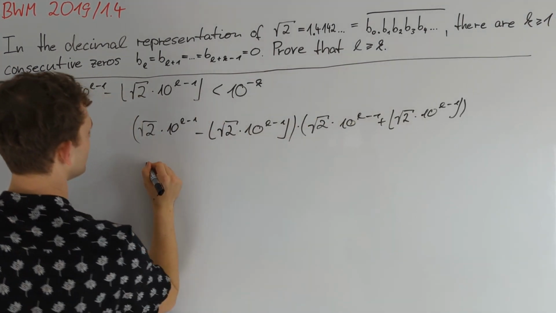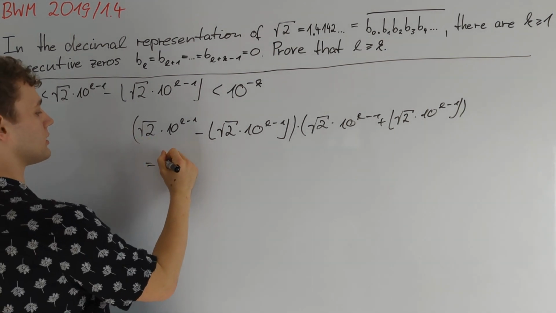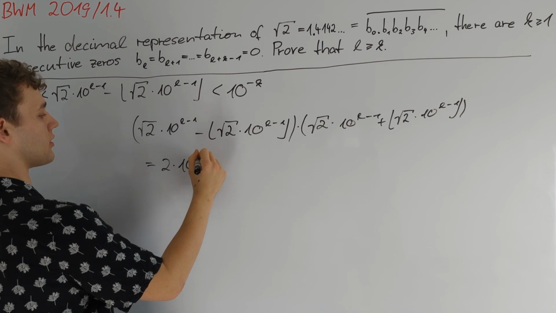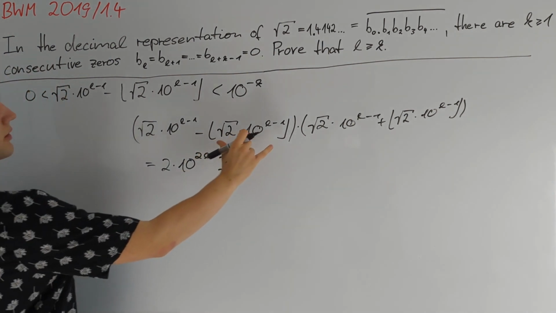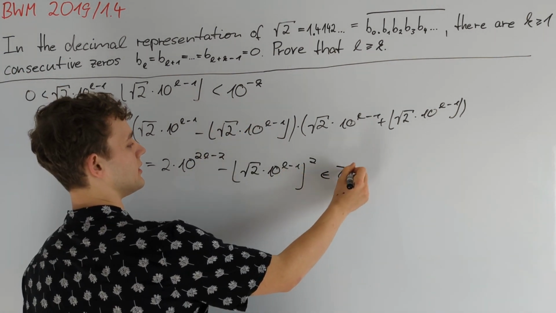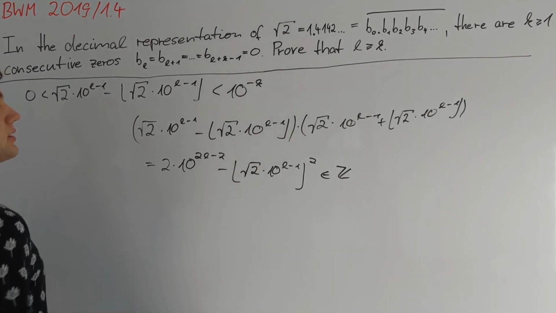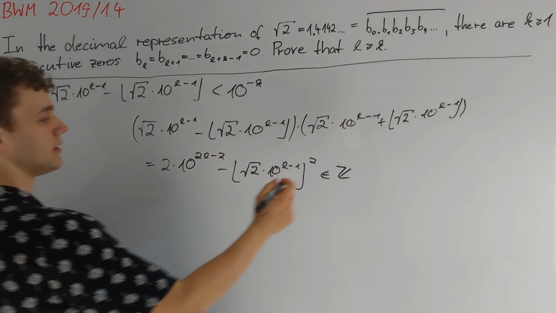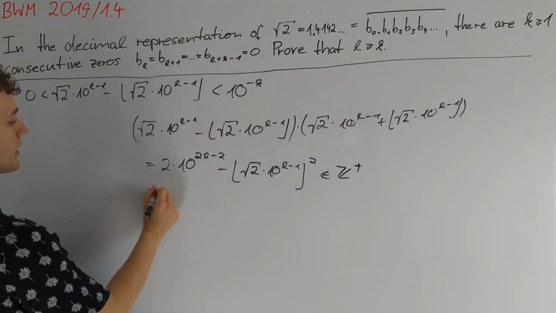This is equal to the square of square root 2 times 10 to the power of L minus 1, so 2 times 10 to the power of 2L minus 2, minus the square of its floor. So in total we get an integer. To make use of this fact, let's notice that both these factors are positive, and therefore this is indeed a positive integer, and so we can bound it from below by 1.